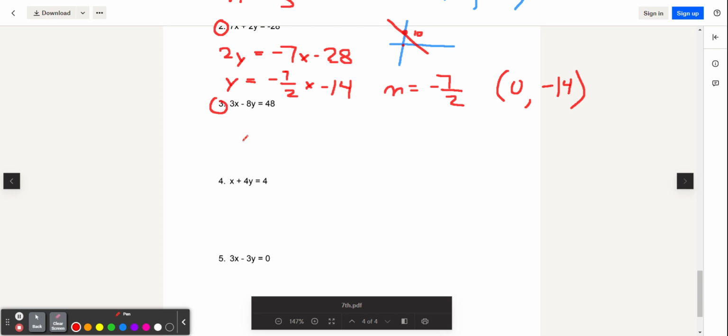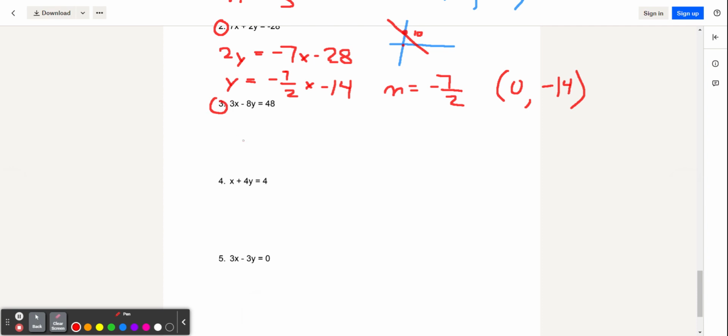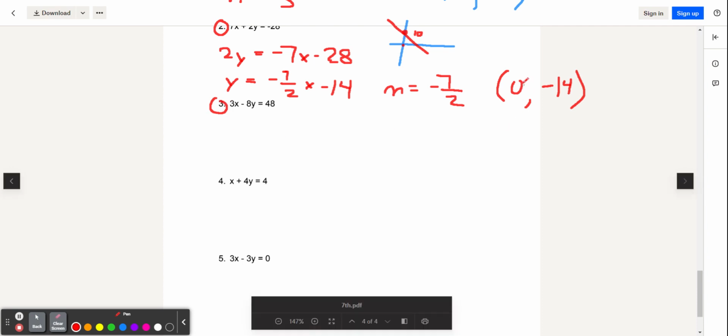Now, I'll demonstrate the other method, plugging in to solve. Since we know that the x value of the y-intercept is always 0, we can plug in 0 for x in order to solve for the other one. So 0 and an unknown y value. Let's plug in 0 for x, so you get 3 times 0 minus 8y equals 48.